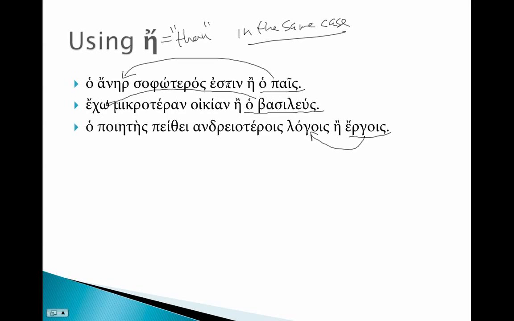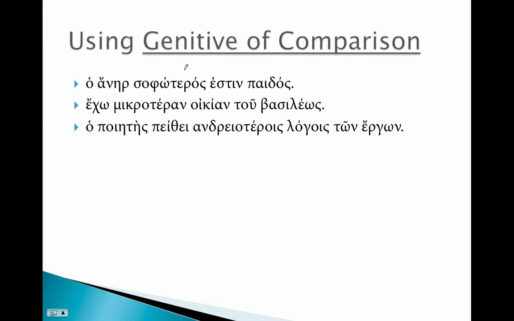The other way to do comparison, now this use of ē is actually very, very clear. We know exactly what two things we're comparing because they're going to be in the same case. The other way to do comparison is a little less clear, and that's to use the genitive of comparison. So whatever is being compared, the second thing, is going to be in the genitive case.